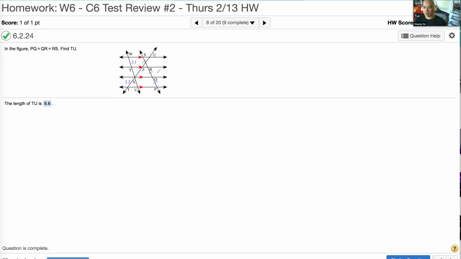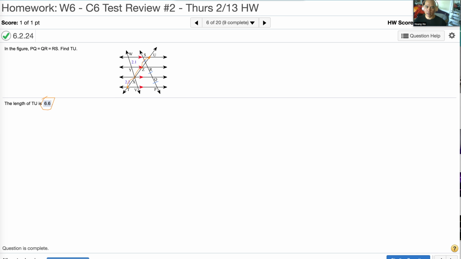So it means this set of parallel lines will intercept any transversal into equal parts. All right. So let's get an orange color. Let's find TU, from here to here. But from here to here is 2.2. So this one is also 2.2, also 2.2. So you add 2.2 together 3 times, it has to be 6.6.